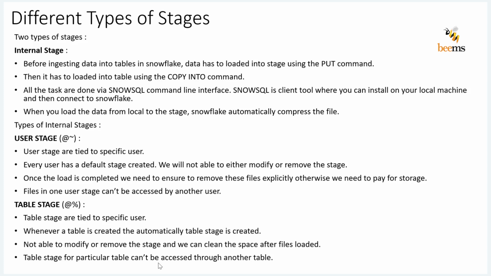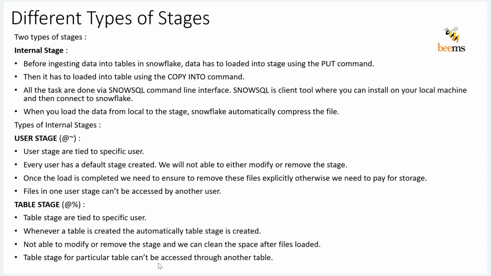Like if you need to load to any other table, then you can load directly from the table stage to any other table. In Snowflake, if you are loading from the external stage or from the internal stage, the file first needs to be loaded into a stage. Like you have created a first stage or demo stage, and first the file needs to be loaded into the stage.